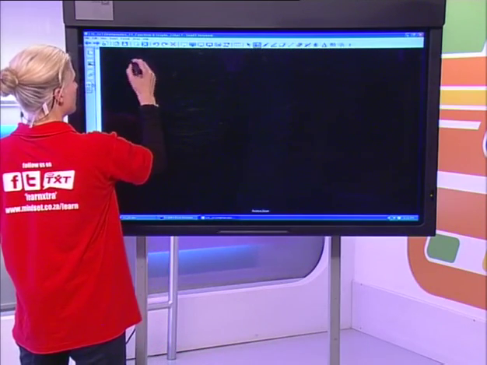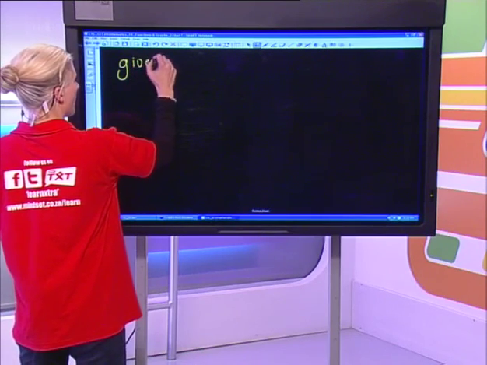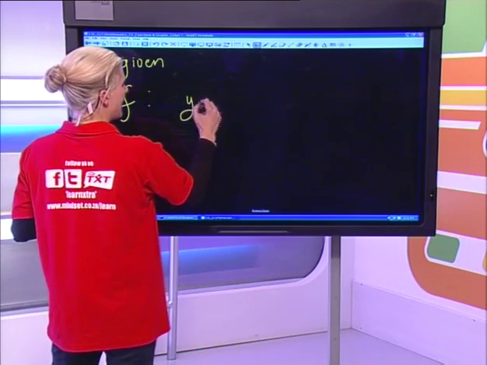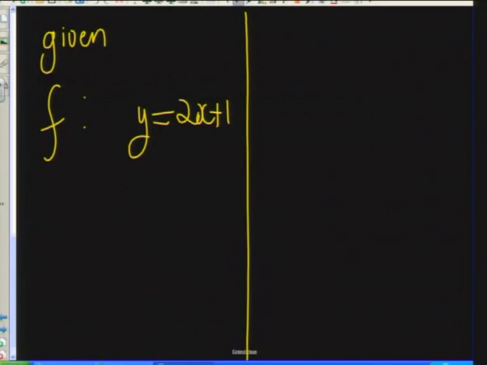Let me start with given f, where f is the graph y is 2x plus 1. Okay, so this is my original function. Now I'm going to have a look at the inverse of this function.